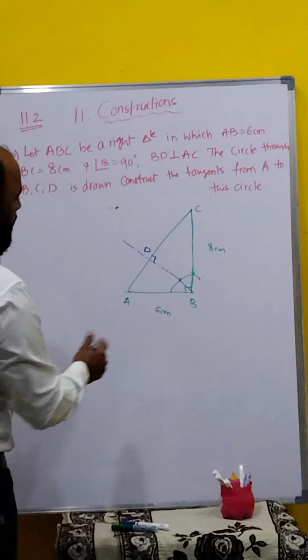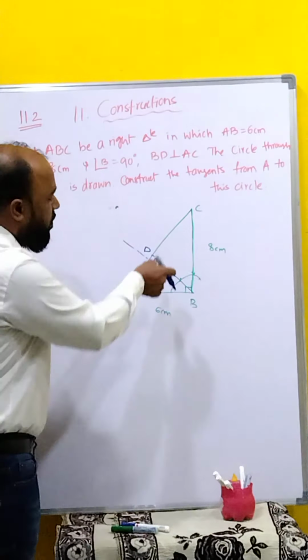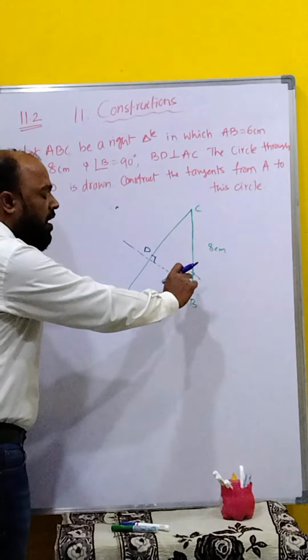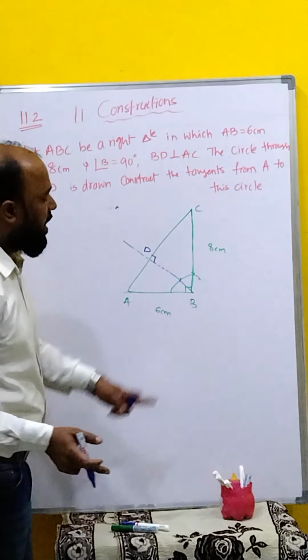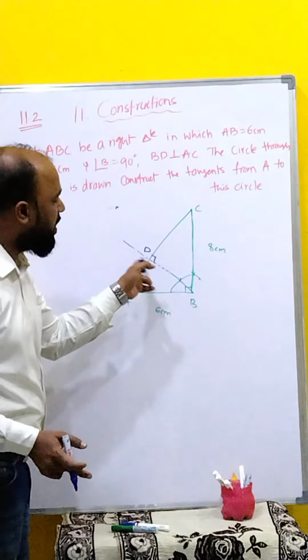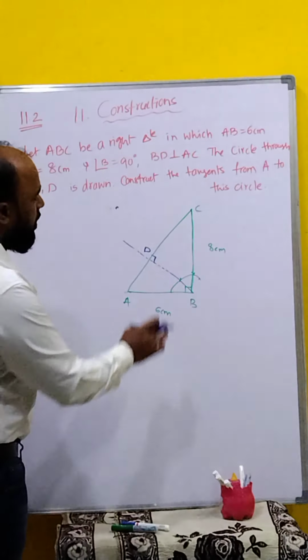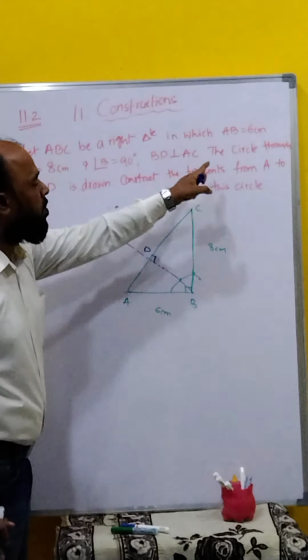Using a protractor or using the compass also you can do. Exactly 90 degrees, then if you draw the angle bisector you will get 45. That is perpendicular to this one. Now BD perpendicular to AC is completed.